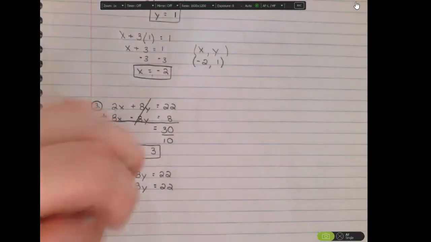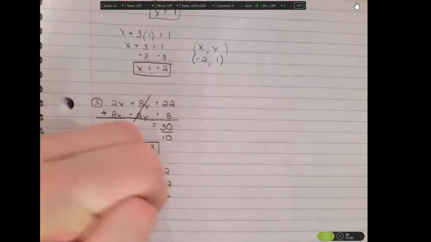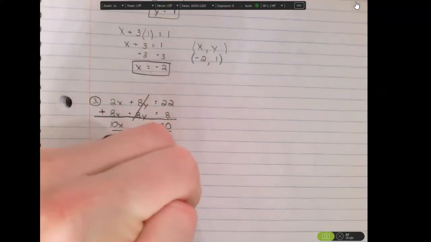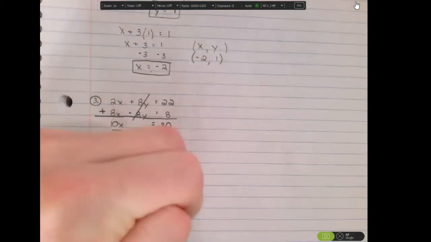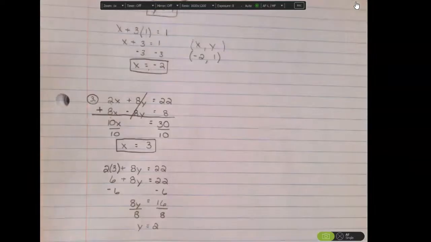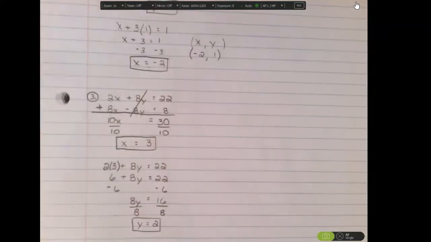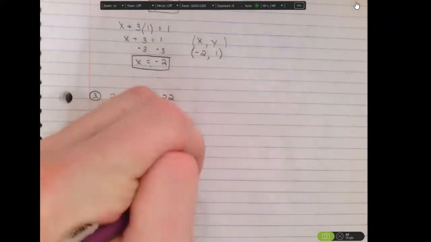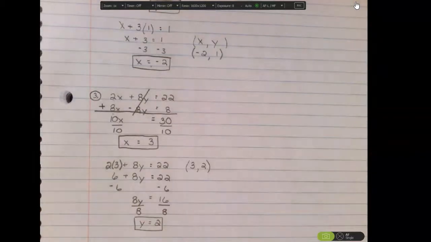Now I need to get y by itself, so I need to subtract 6 first. 8y is equal to, we subtract, we're going to get 16. And now to get y by itself, divide by 8. Y is equal to 2. So for number 3, x equals 3, y equals 2. Your ordered pair, x comes first, is going to be 3, 2. Very good.